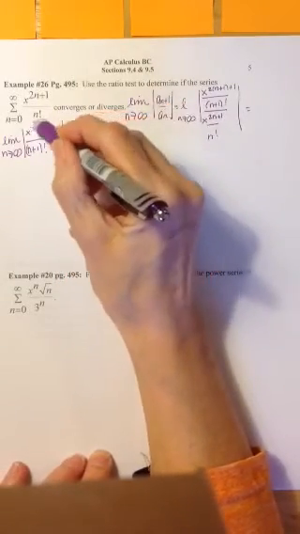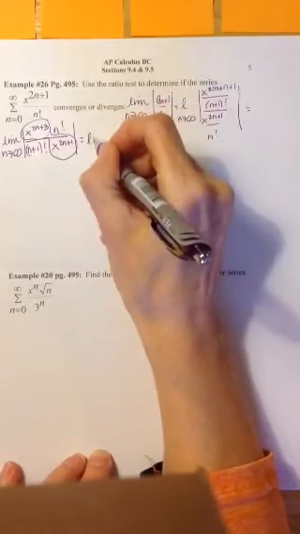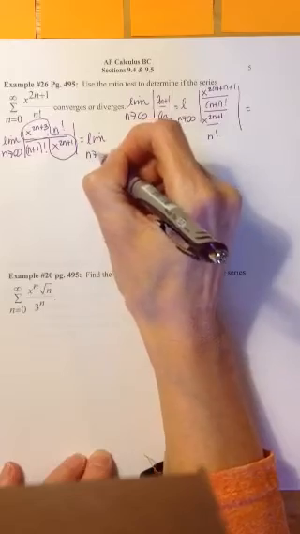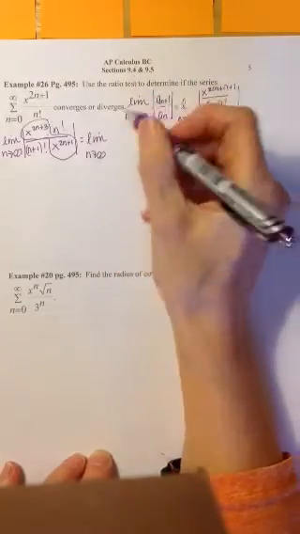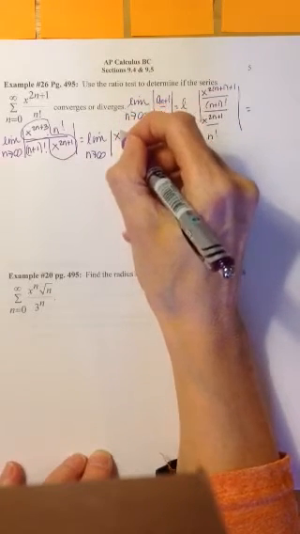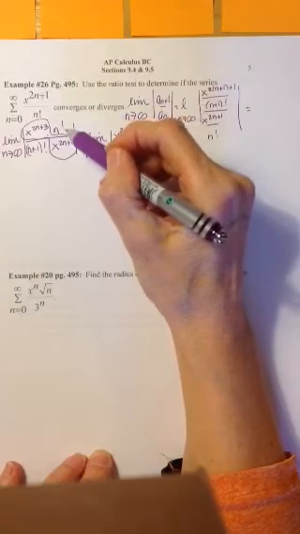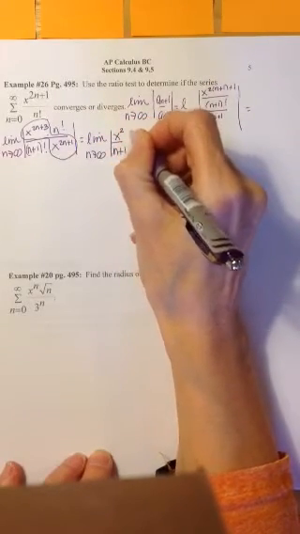So we're going to simplify first using rules of exponents. This gives me the limit as n goes to infinity. What am I left with? Subtract this from this, I get x to the 2, or x squared. n factorial over n plus 1 factorial leaves me with n plus 1 in the bottom.